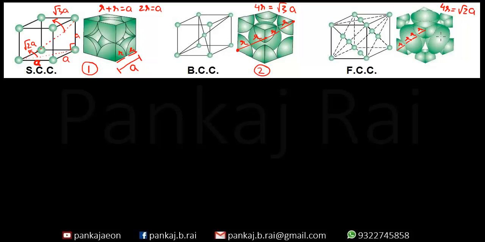So this unit cell is receiving only half of that atom. There are 6 such face centered atoms and this unit cell is receiving half of each, so that would be 3 atoms in total, plus 1 effective atom of the corners. So face centered has 4 effective atoms. That is the basic knowledge which you require about SCC, BCC and FCC.